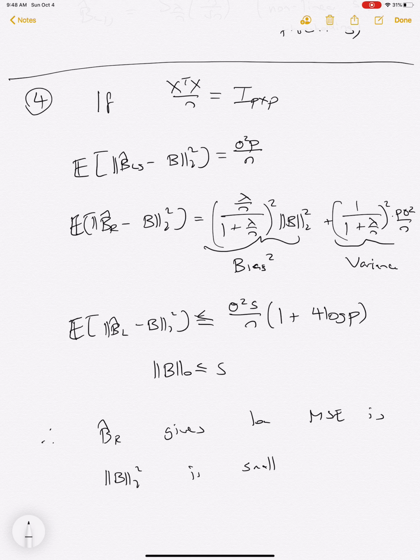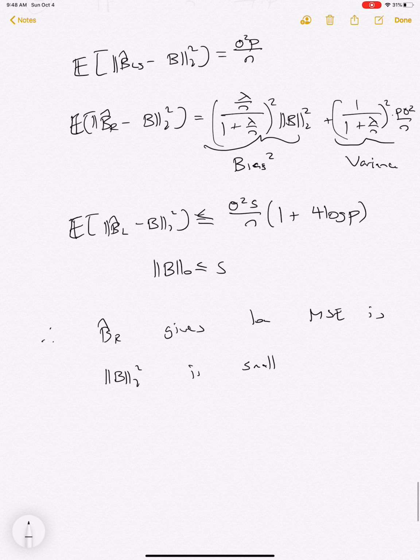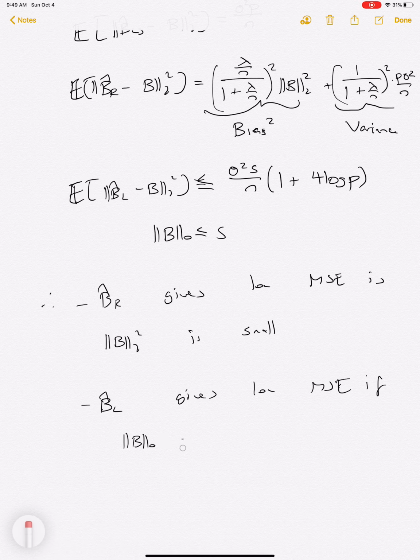So the idea is that beta hat R gives low MSE if the L2 norm of beta is small, and that makes sense because that's exactly the regularization you're imposing. And beta hat L gives low mean squared error if beta's L0 norm is small, and this is known, as I mentioned earlier, as sparsity.